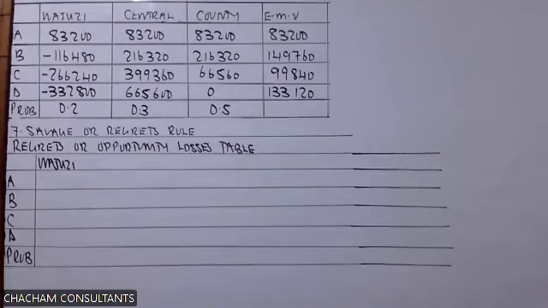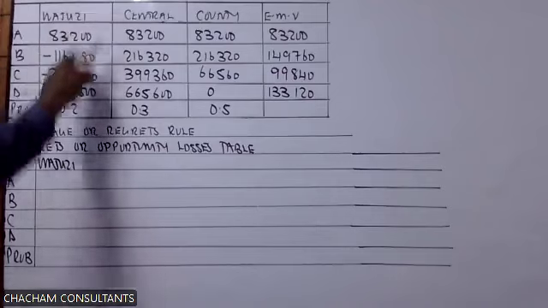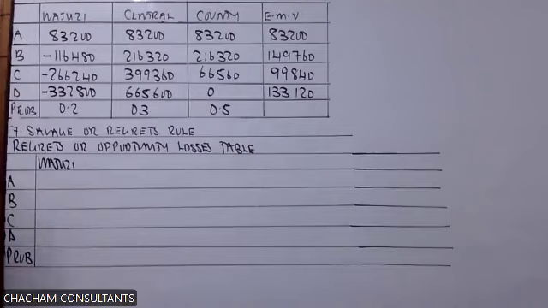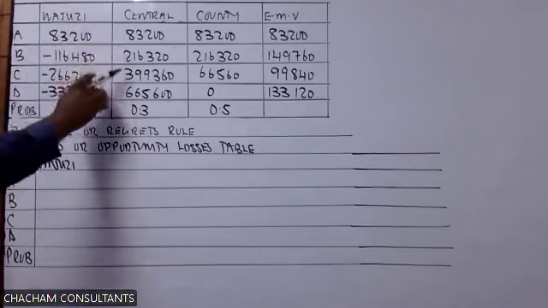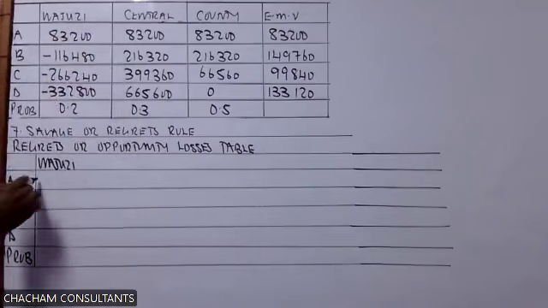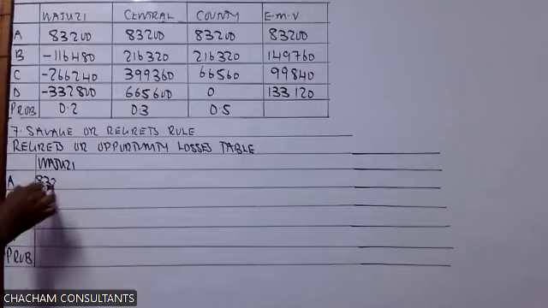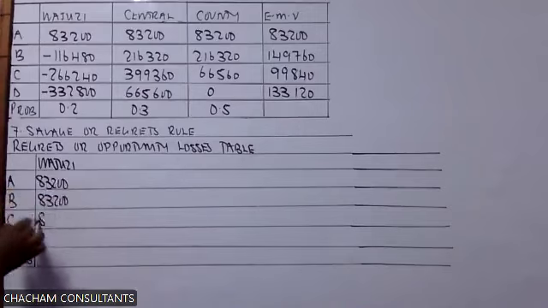When drawing the regrets or opportunity losses table, you go to the original table, in the column of the first state, and pick the highest payoff. The highest payoff in this column is 83,200. This 83,200, you write it everywhere.